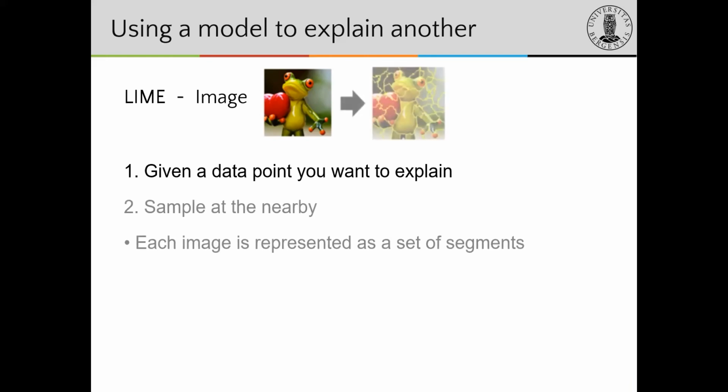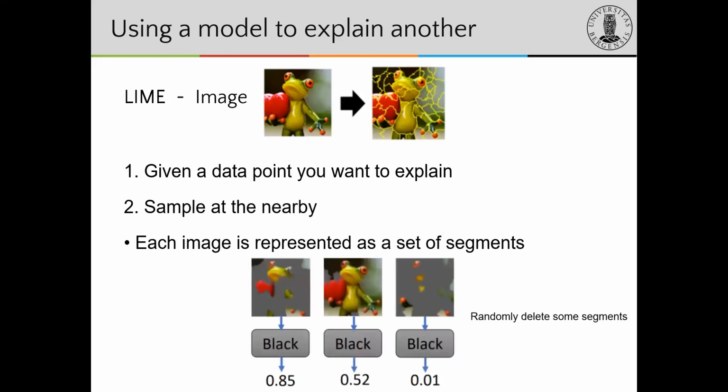And afterwards, we want to do some sampling of the image. As I mentioned, there are so many ways of sampling. For example, you can add some noise to the picture, and also you can delete some pixels of the picture. But the most common way is, based on the segmentation, you can look at the right side. We do some segmentation, and afterwards, we can randomly delete some segments of the picture already segmented.